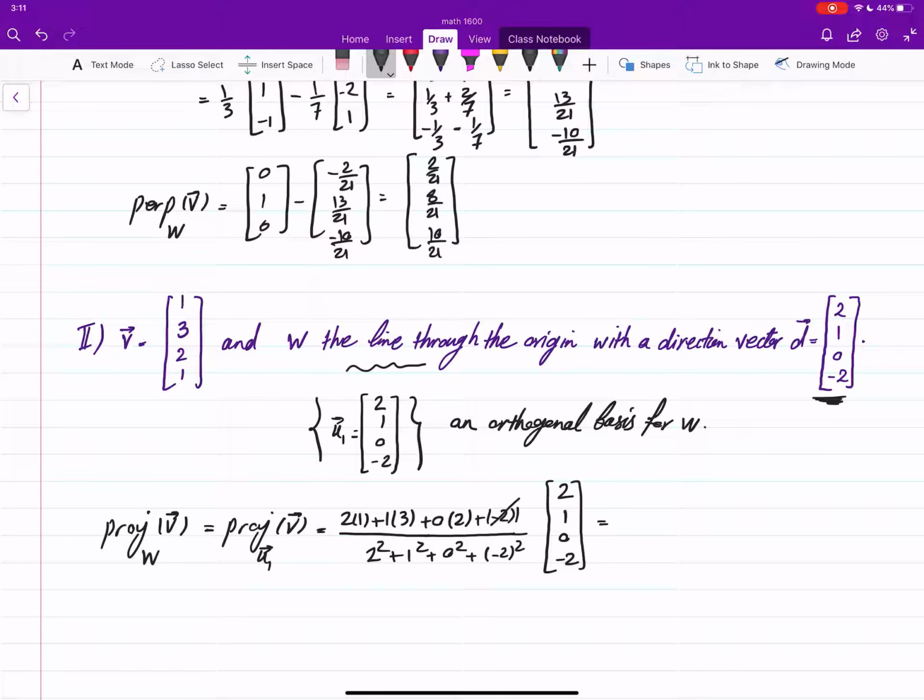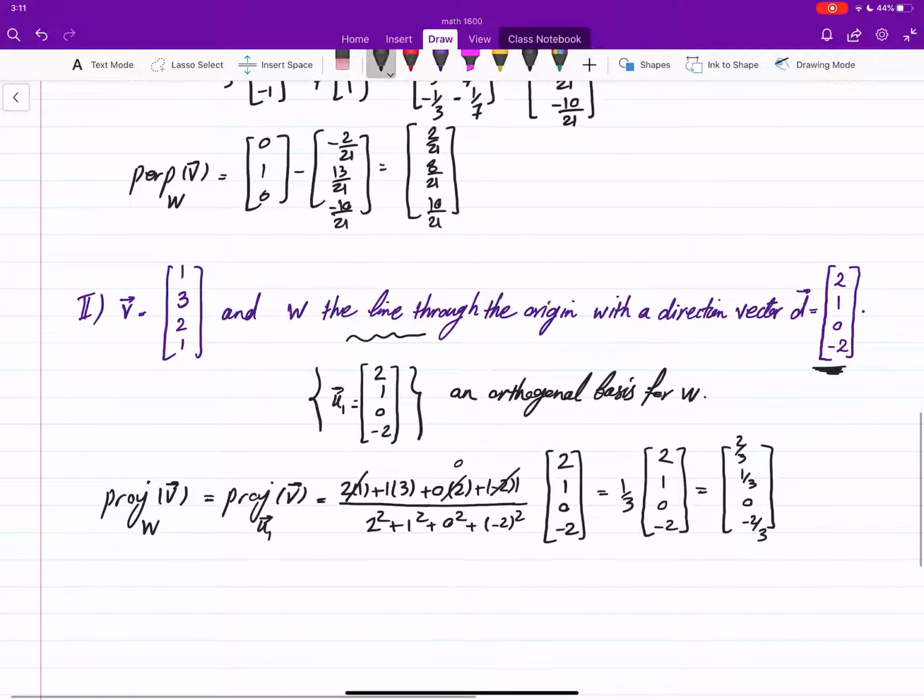Here, this cancels that one. This is just 0. That's 3 over 9. So it will be 1/3 of 2, 1, 0, negative 2. And that is 2 over 3, 1 over 3, 0, negative 2 over 3.